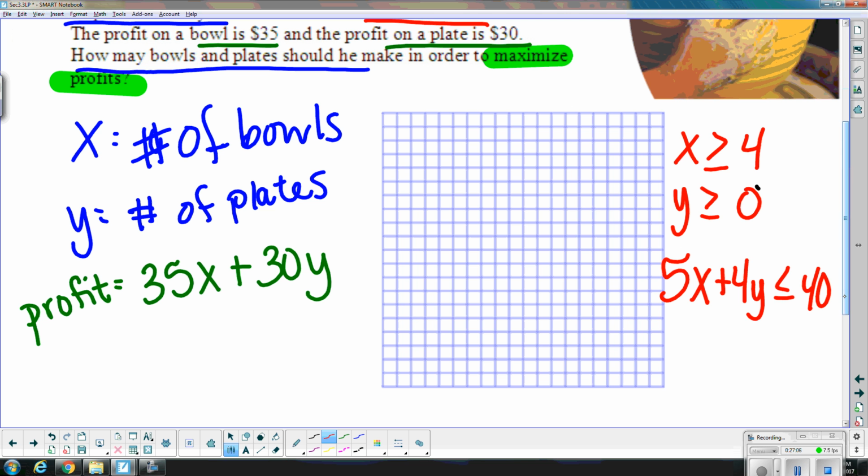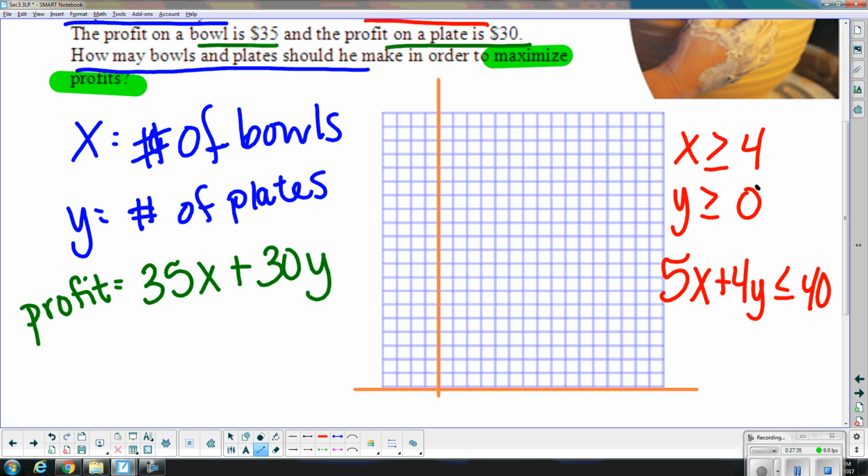Now we have to actually graph these constraints so that we can look at our feasible region. So I'm going to graph the Y is greater than or equal to 4 first. And then X is greater than or equal to 4, and then Y is greater than or equal to 0. And then I'm going to use my intercepts to graph the 5x plus 4y is less than or equal to 40.